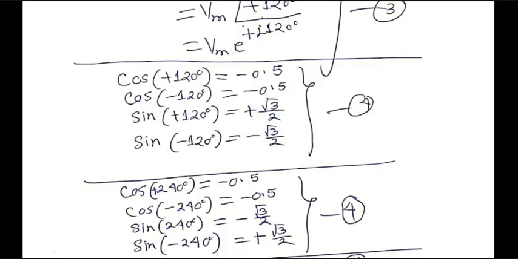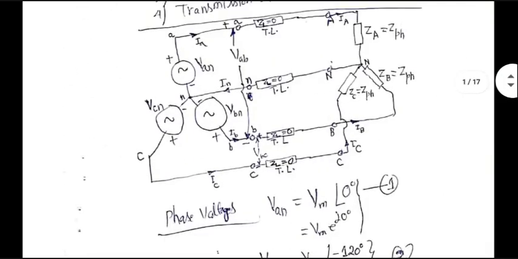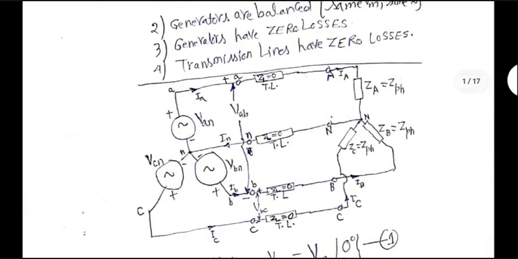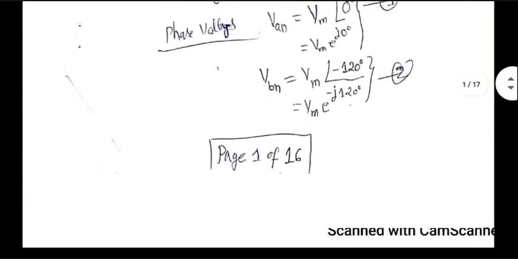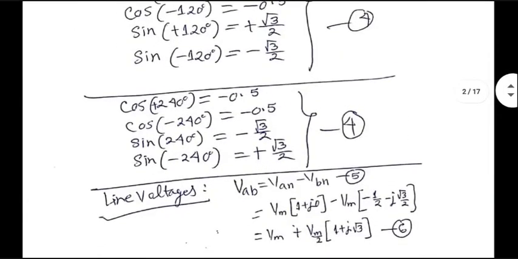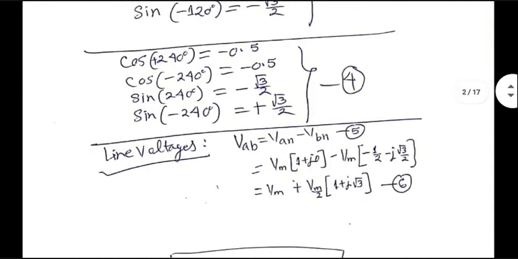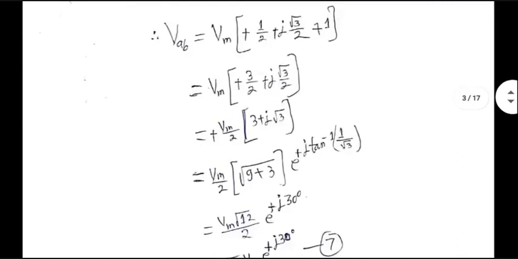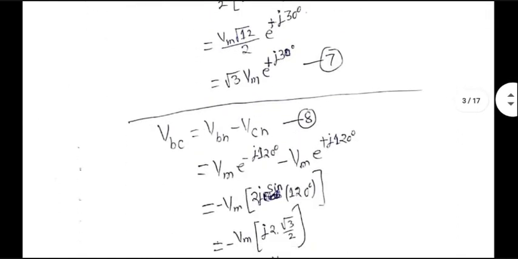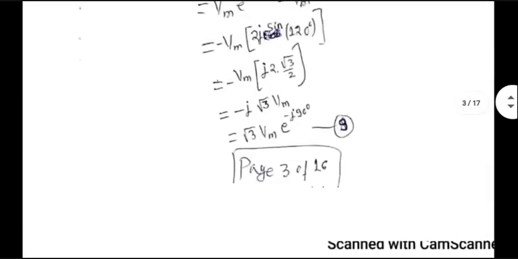Now, our objective is to calculate the line voltages, VAB, VBC, and VCA. Based on KVL application for each of the cases, you will see that VAB is VAN minus VBN, VBC is VBN minus VCN, and VCA is VCN minus VAN.